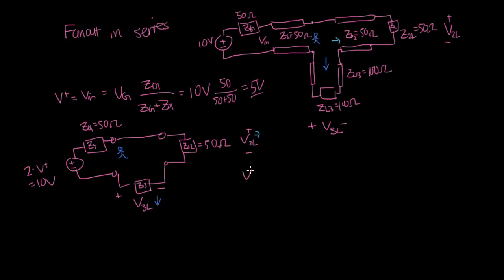We can calculate that V2L is equal to the voltage source, 2V plus, times this impedance, Z02, over Z01 plus Z02 plus Z03, which is 10 times 50 over 50 plus 50 plus 100, and that's going to be 2.5 volts.